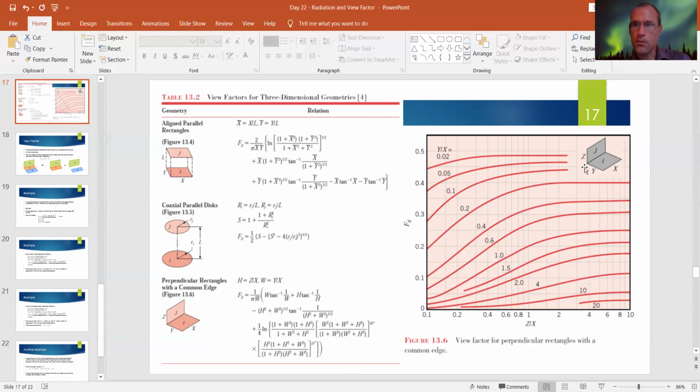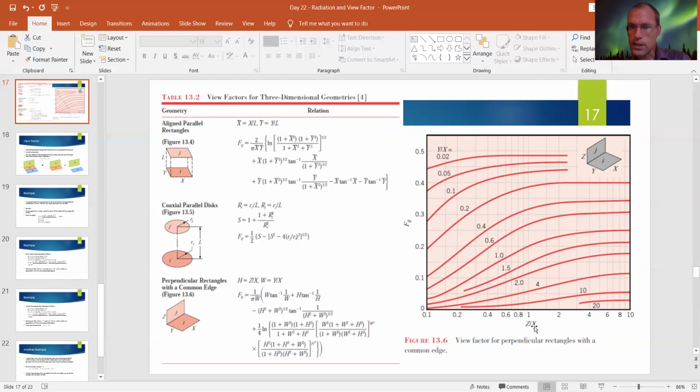So one thing I want to realize with this is that this is Fij in this orientation. So if I have my floor as this guy down here, that's object 2, and my wall is object 1. What I'm really finding from this graph is F21. So hopefully that's what I called it on the last slide.